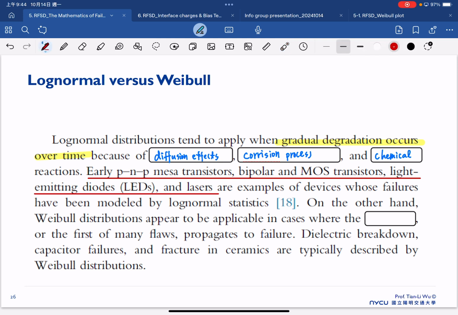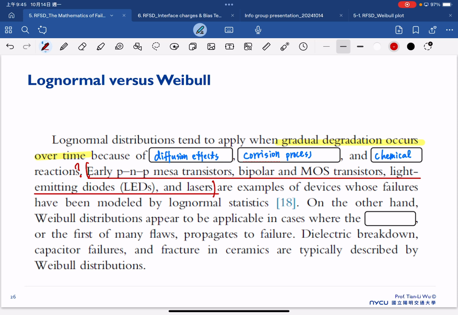To be honest, if you look at the recent literature, I would say sometimes this is not true, because our technology evolves over time, and of course the degradation mechanism will also change from time to time.